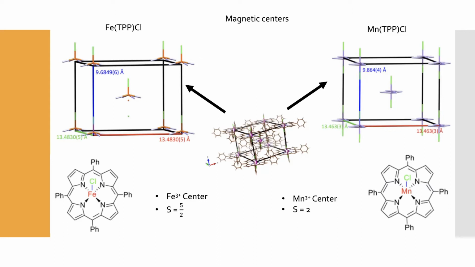You'll notice the distances between magnetic centers are strikingly similar between the two compounds, with vertical distances of 9.68 and 9.86 for manganese and iron, and distances of 13.48 and 13.46 between magnetic centers on the base and side for manganese and iron.